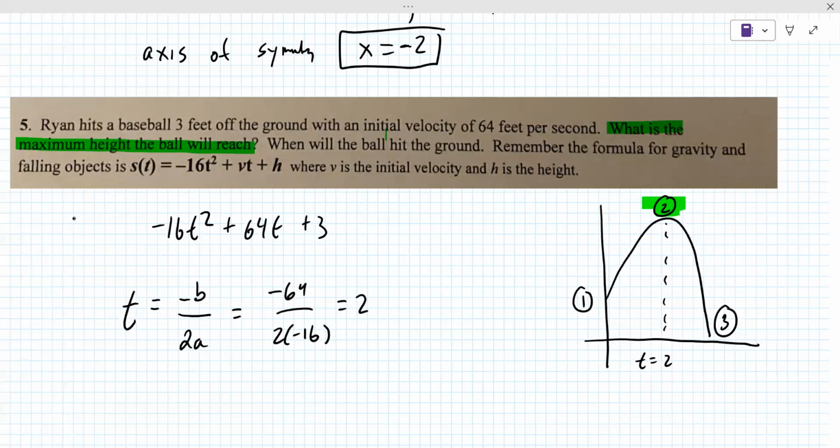Where it occurs, or what the max is, is found by putting that value back into the original. Last time you did this, there were a couple of sign errors. So really just take your time.